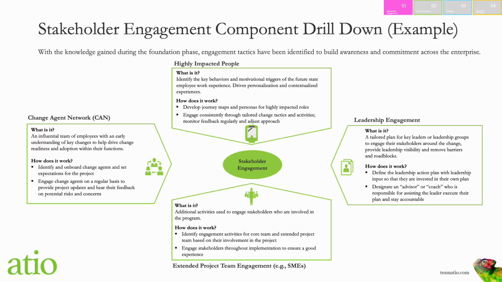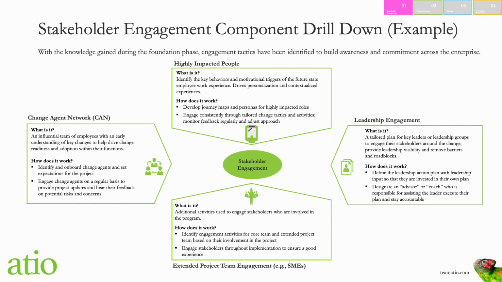Now we get into the drill down slides. There's a drill down slide for each of the components that were outlined in the first example of the change management components slide. So the first one was stakeholder engagement. And what you're looking to do is highlight what are you going to do that is unique to this project to manage the change from a stakeholder engagement perspective.